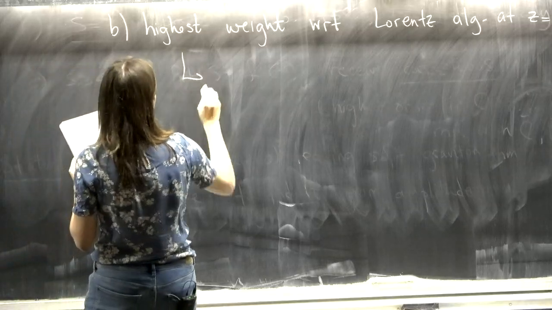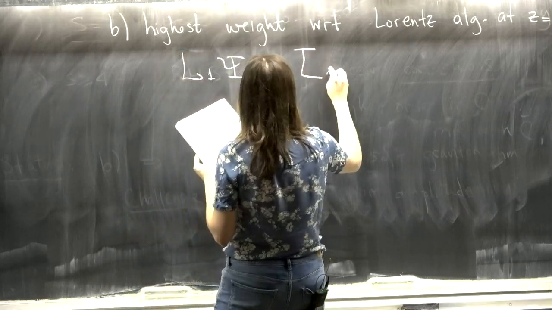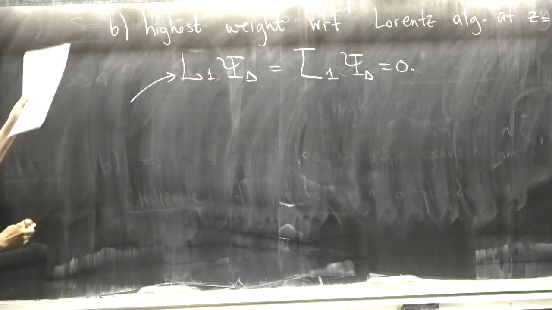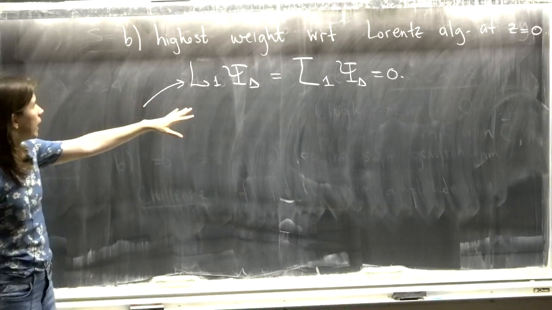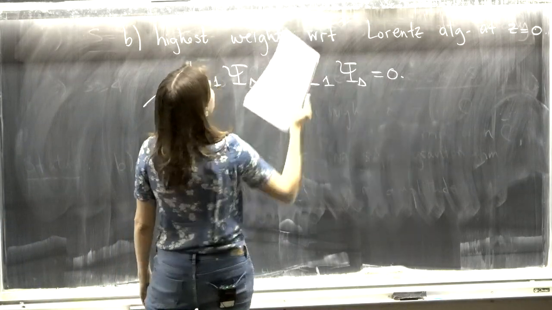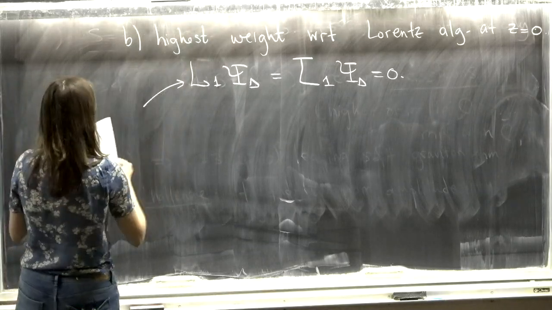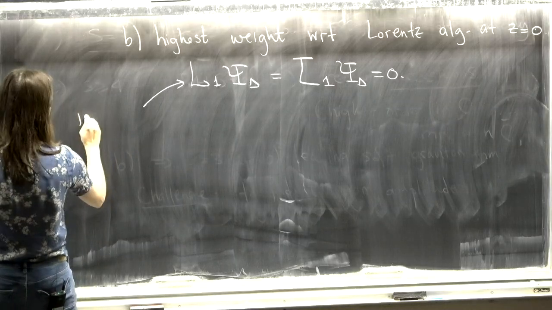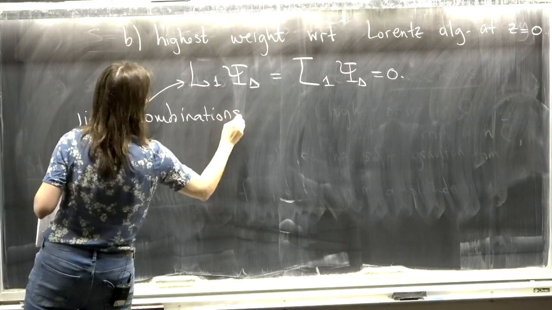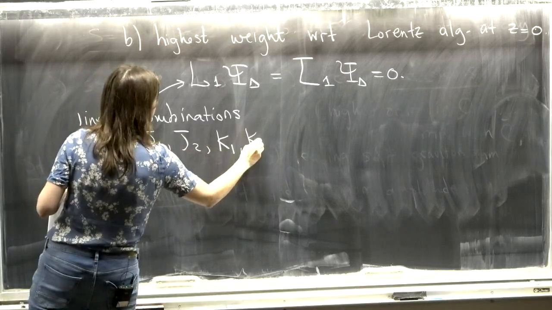These conditions look something like this: L1 acting on psi delta and L bar 1 acting on psi delta are equal to 0, where, since I've been referring to the Lorentz algebra, L1 and L1 bar are just some linear combinations of J1, J2, K1, and K2, the boosts and rotations around axes orthogonal to the one we've chosen to diagonalize.